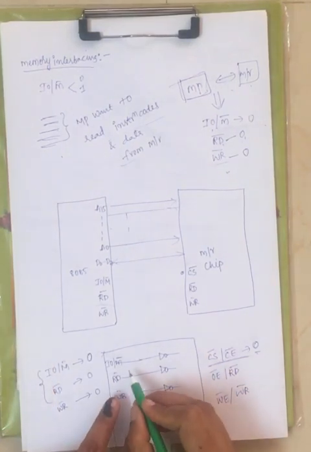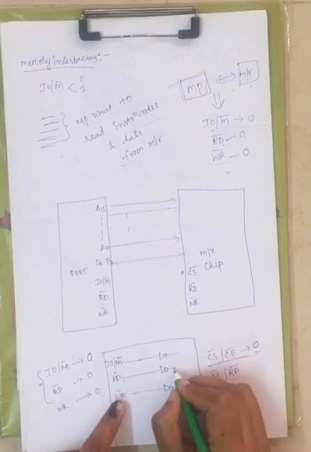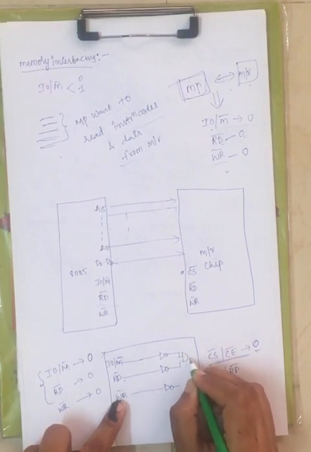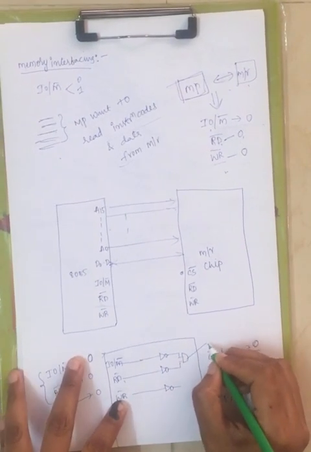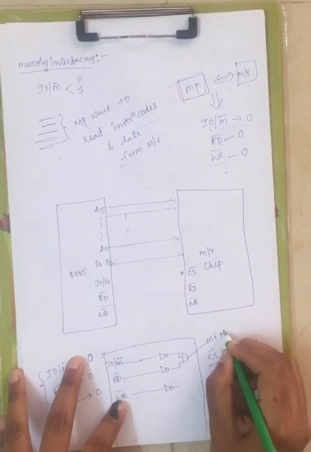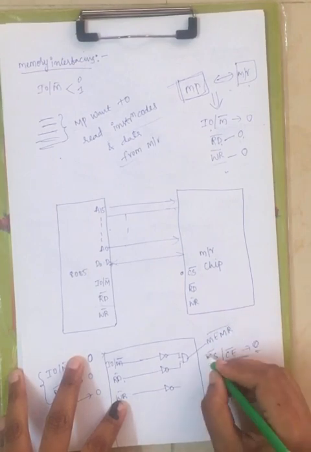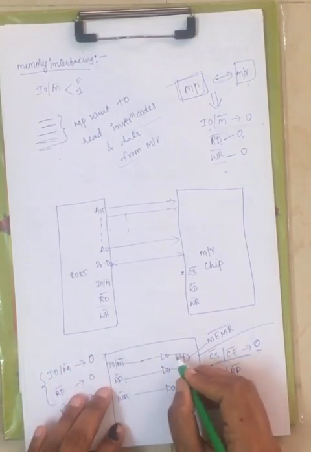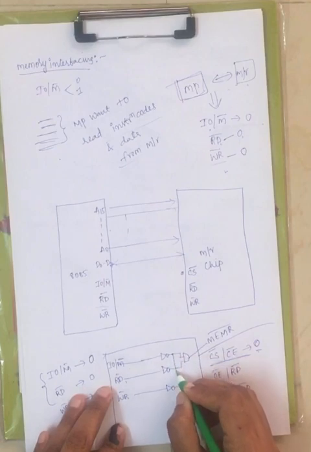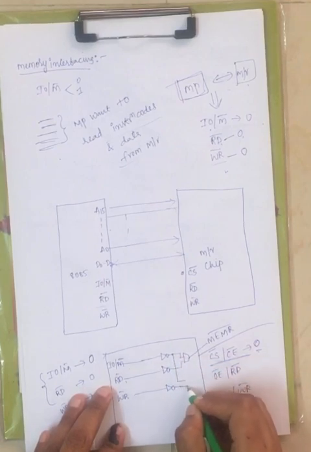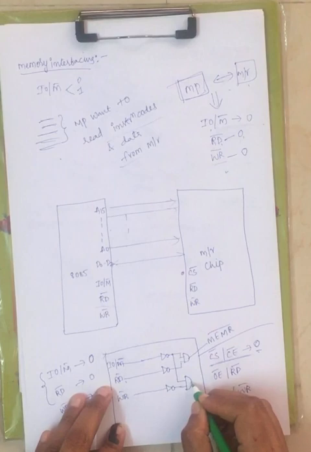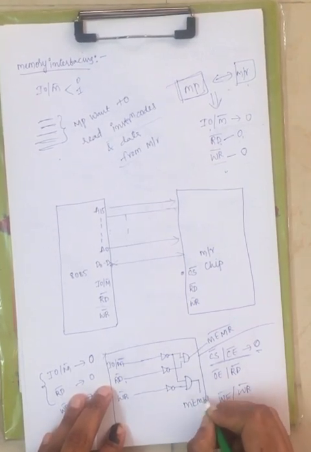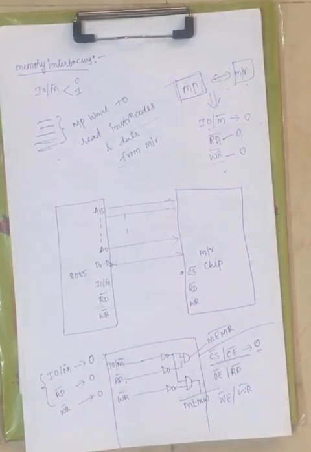Now if I connect memory with read, these two are AND gated to get the signal memory read. This is an active low signal. Similarly, the IO/memory signal and write signal are AND gated to get the signal memory write. This is also an active low signal.